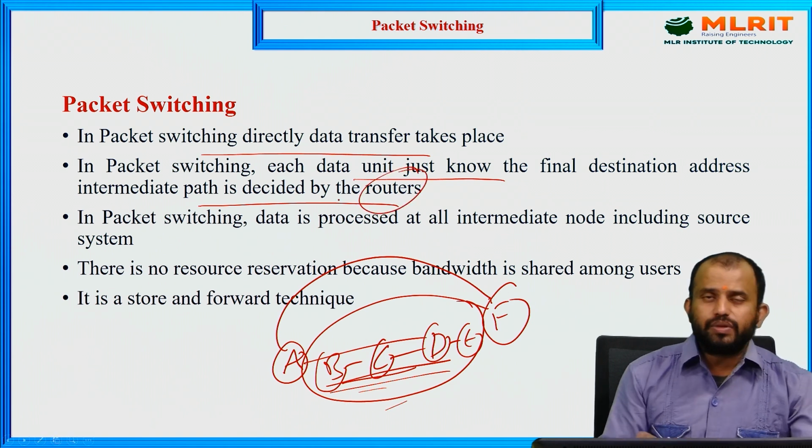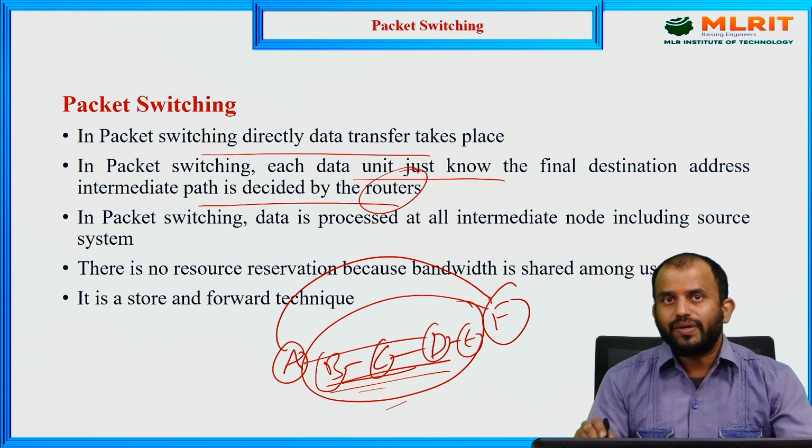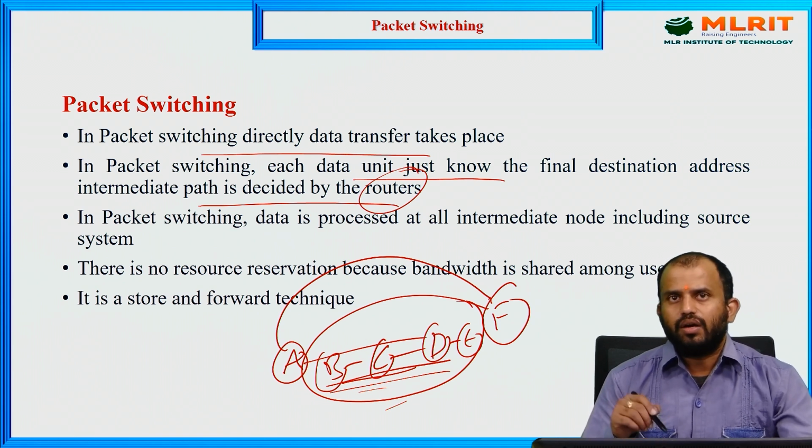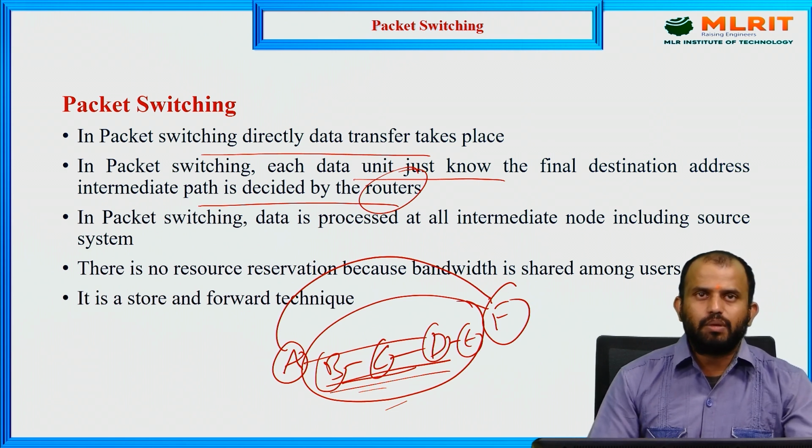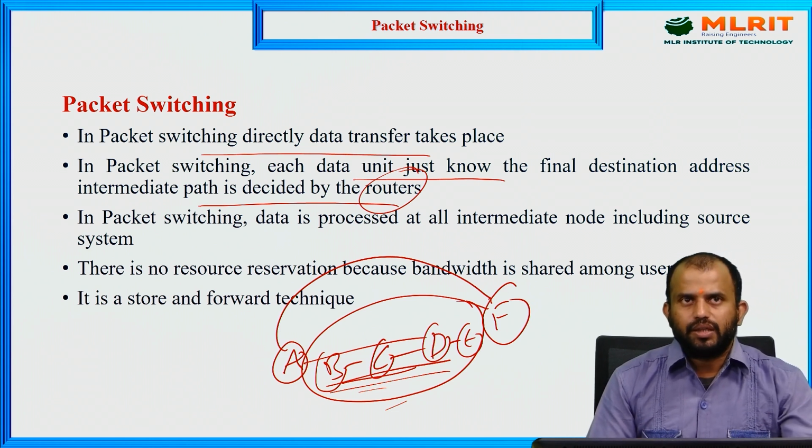Previously in circuit switching, we had a fixed kind of connection path, but here we have various paths that are decided by the routers. The internal path is decided by the routers, but in the previous one there was a prescribed fixed path.